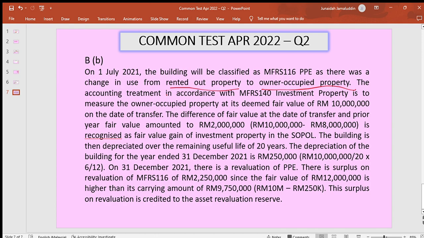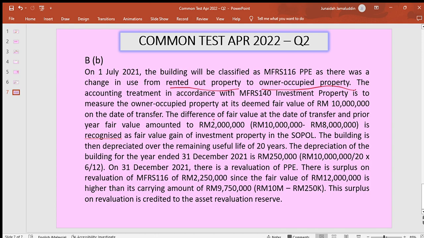The accounting treatment in accordance with MFRS 140 investment property is to measure the owner occupied property at its fair value of 10 million on the date of transfer. So on the date of transfer, the PPE should be measured at the fair value of the IP, which is 10 million.